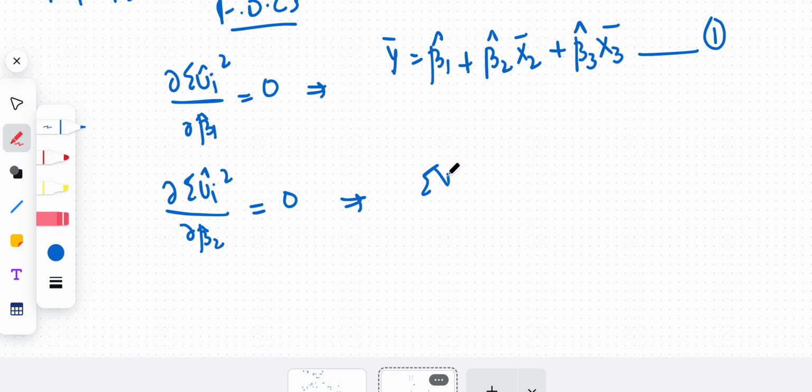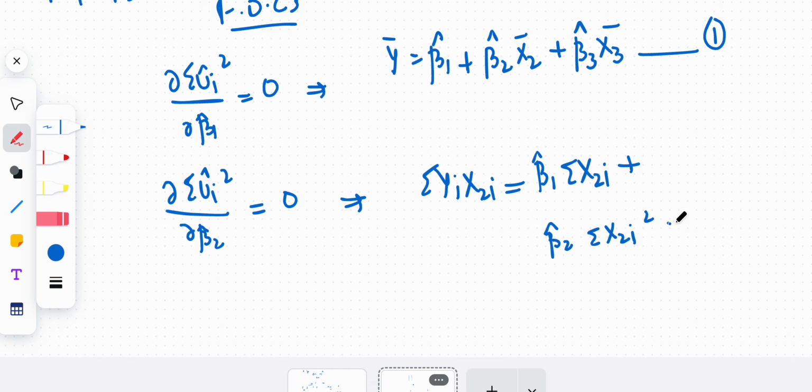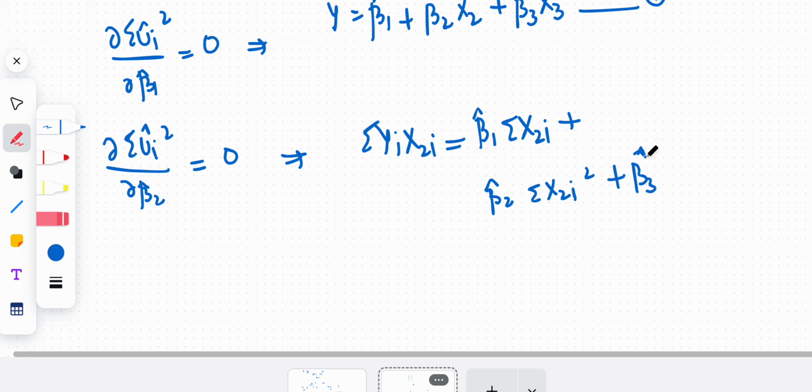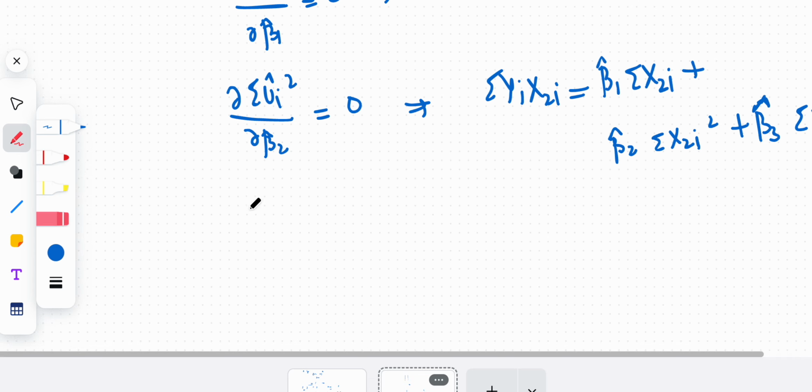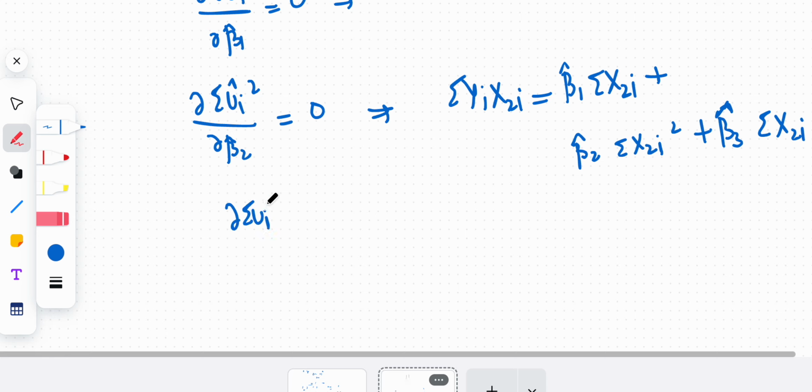If you solve this, it will come something like this only. There's very little chance that it might deviate. Similarly, you can derive the third equation, which will be basically differentiating this from this.